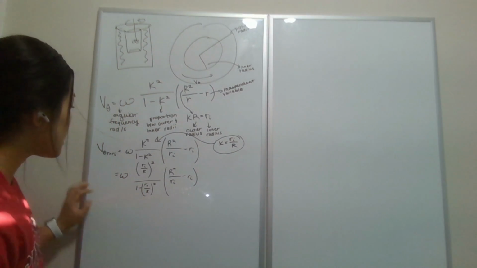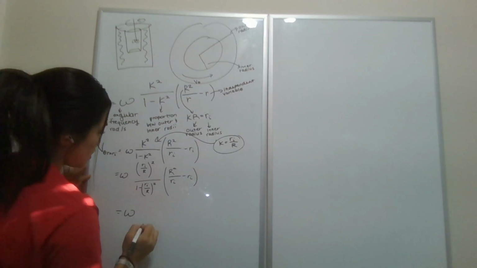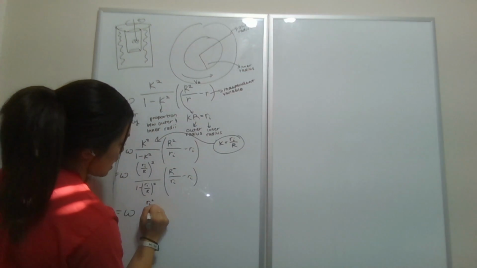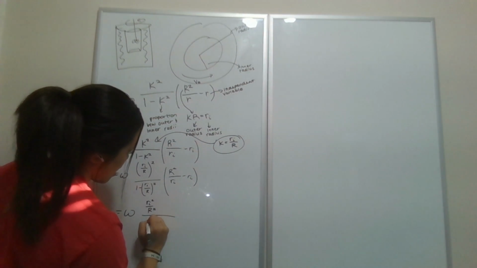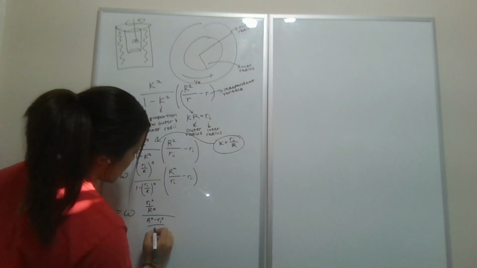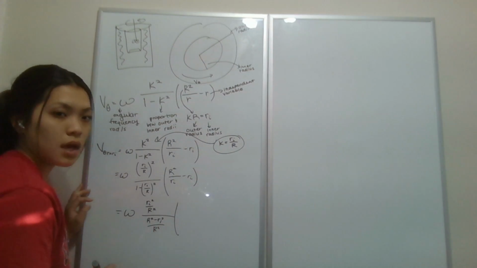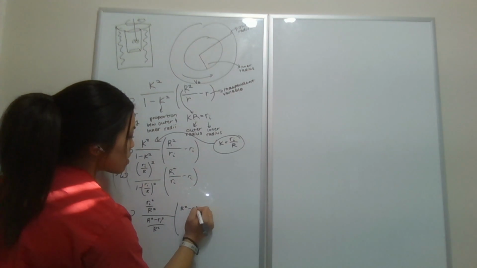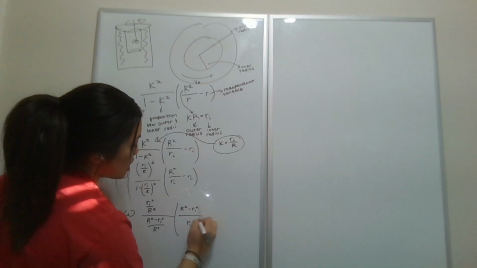And further simplifying this, we have the angular frequency times the inner radius squared divided by the outer radius squared, divided by the outer radius squared minus the inner radius squared divided by the outer radius squared, times the quantity of the outer radius squared minus the inner radius squared divided by the inner radius.